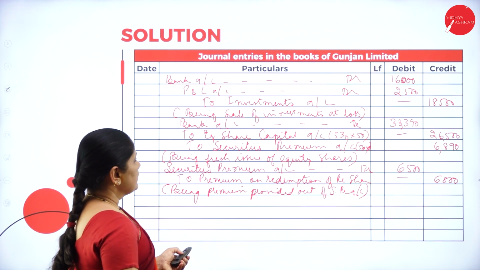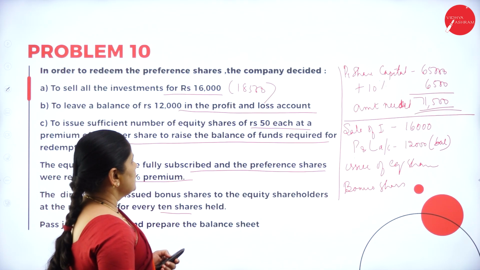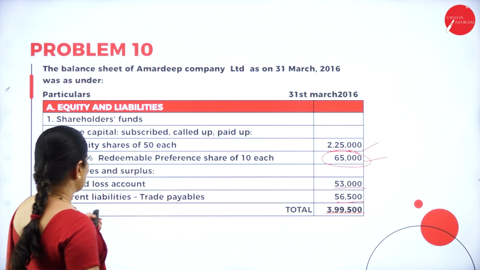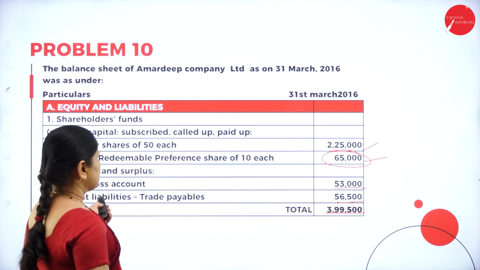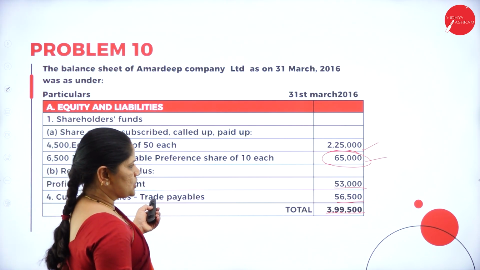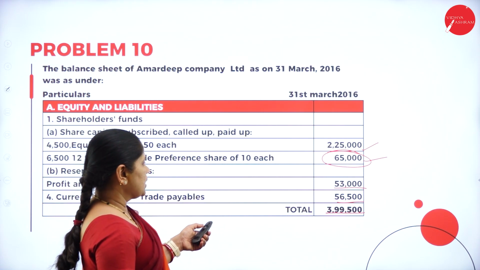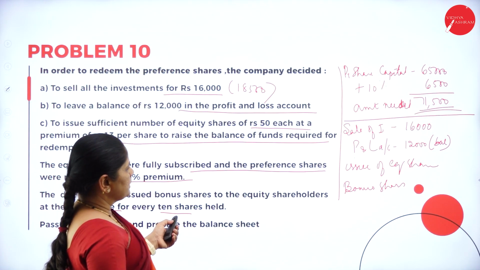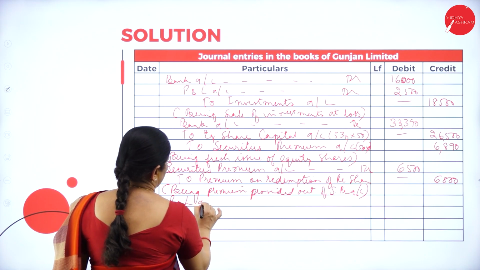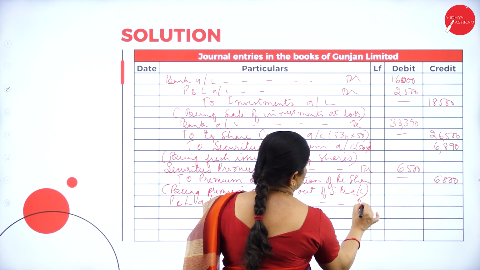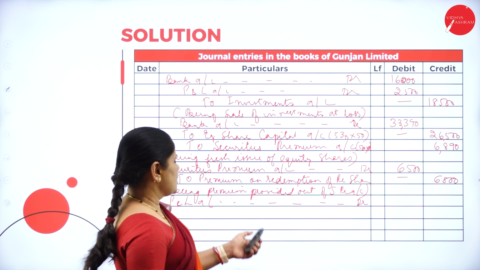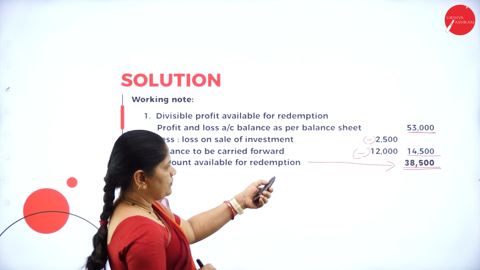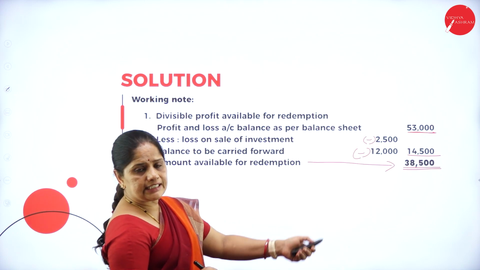Now the next thing is we have to provide for the capital. So we have the capital amount of 65,000. For this 65,000, we are issuing equity shares and we also have the profit and loss account. So we make use of the profit and loss account here. If you can see the note here, profit and loss account balance is 53,000. So we're making use of 38,500.